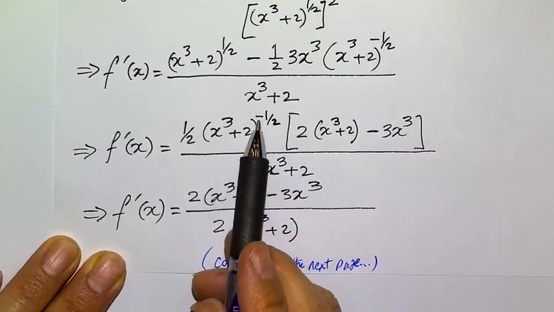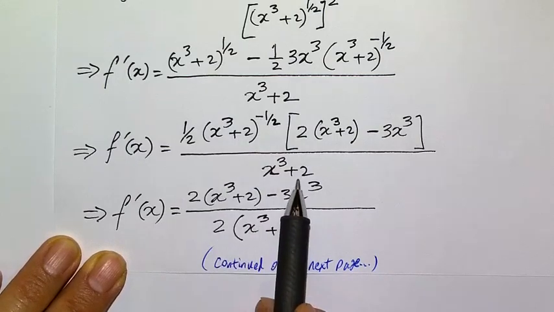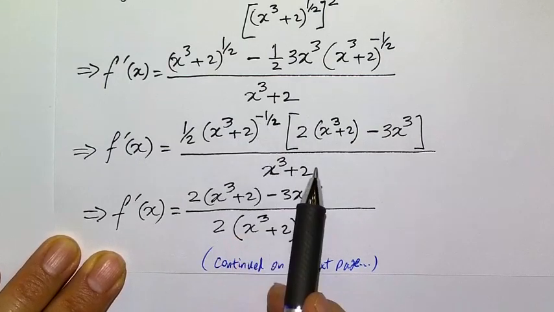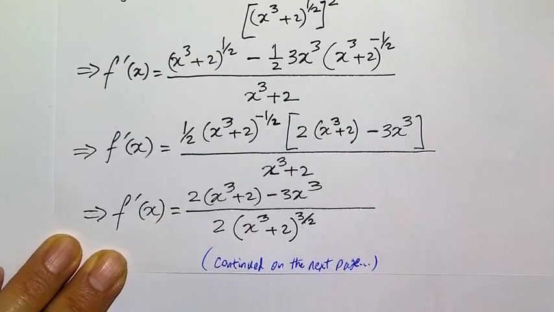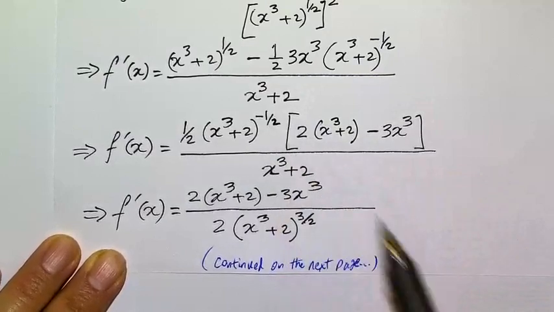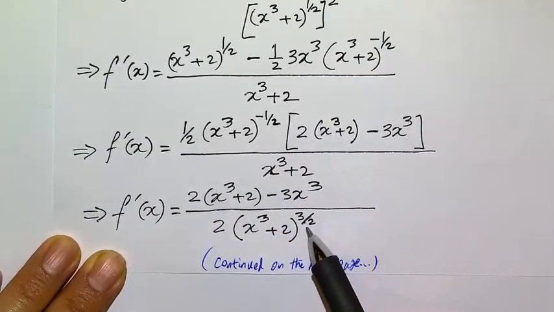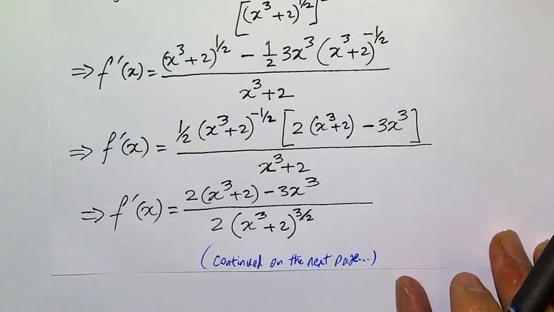Power of this is 1, power of that is minus 1/2, but when you bring this down to the denominator, it'll be positive 1/2. Plus 1 is 3/2.